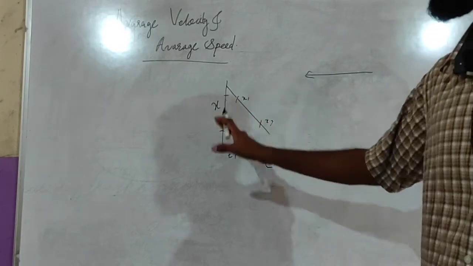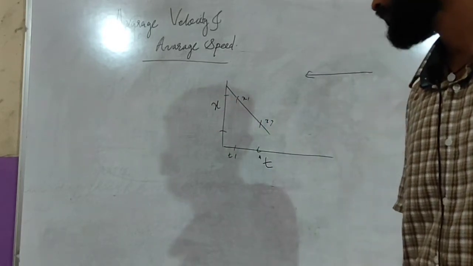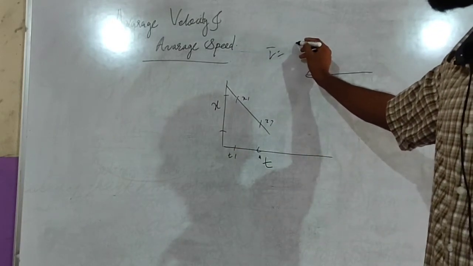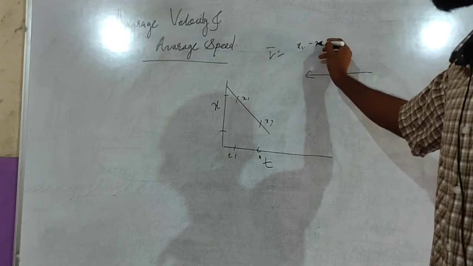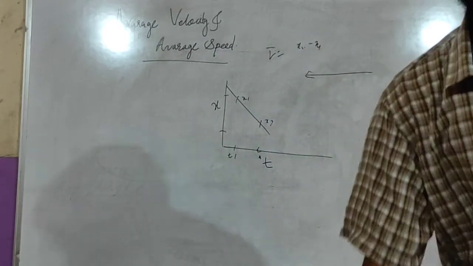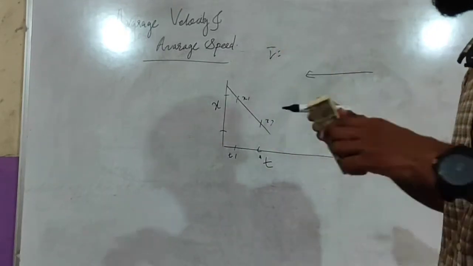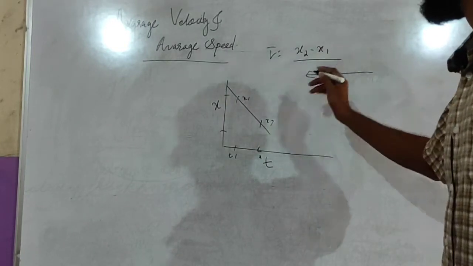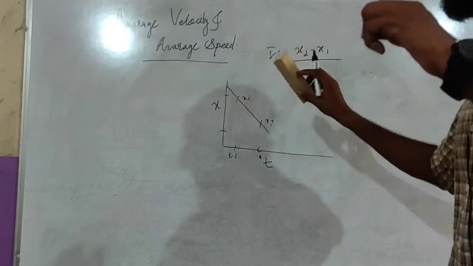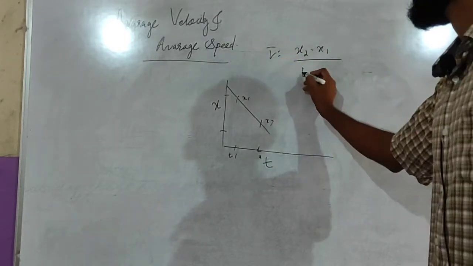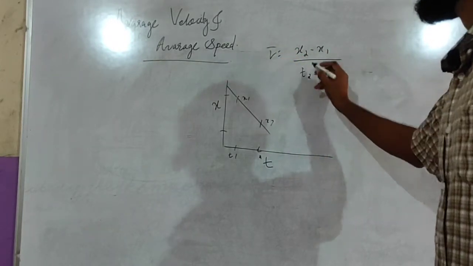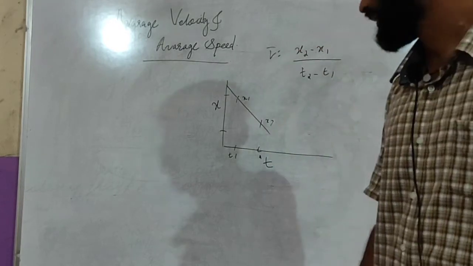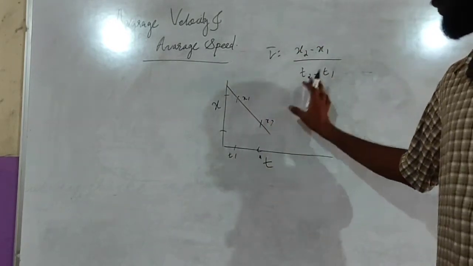So, x2 minus x1 will be a negative value, and hence v bar, which is x2 minus x1 divided by t2 minus t1, will be negative, because t2 minus t1 is positive only.